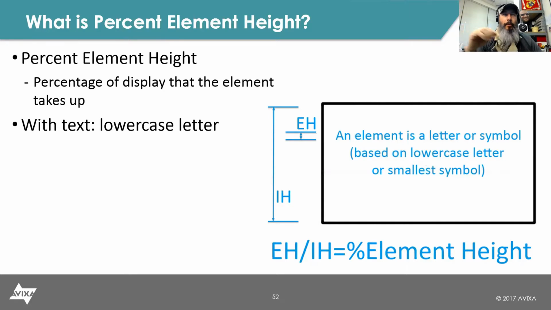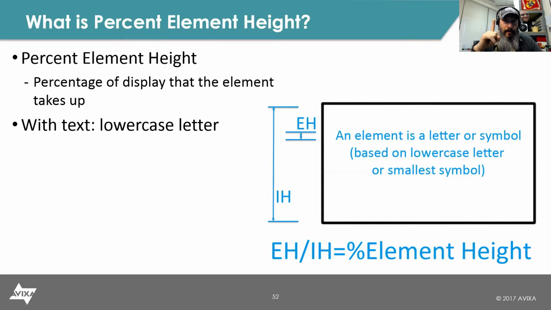Think of a 90-inch diagonal, it's about 45 inches tall. If I have a half inch letter, that's just over 1%. So 0.45 of an inch, just under half an inch, would be 1%.